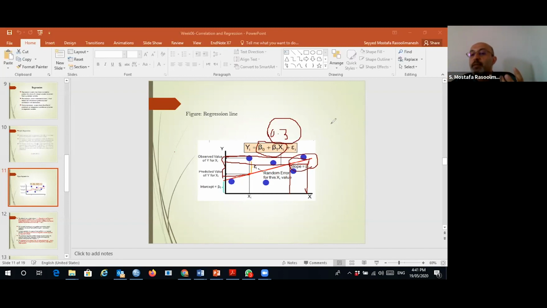So this is the mathematical and statistical concept of regression, right? But what we do in our research is only calculate this beta and see whether this beta is significant or not.